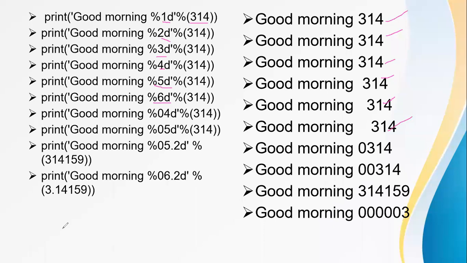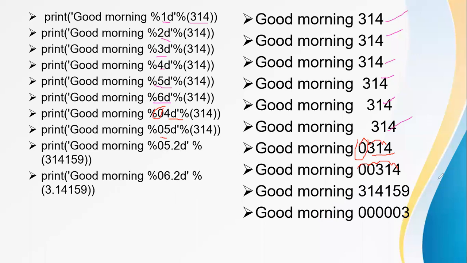I'll tell you what it is. 4D, but include 0. Now, when I use 0, 5, 1, 2, 3, 4, 5. When I use 4, 1, 2, 3, 4.